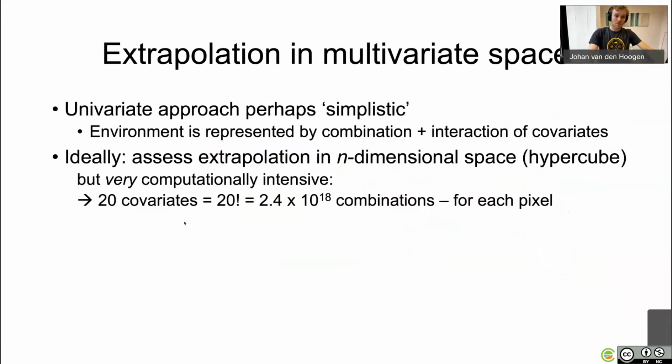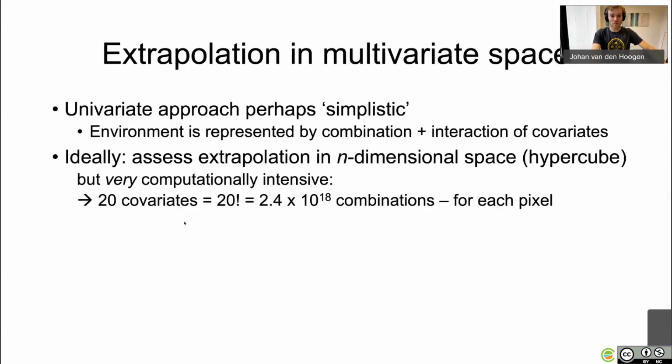But perhaps this approach could be considered a bit simplistic, because it's not necessarily whether a value is within the sampled range, but also a combination of all these interactions of covariates. For example, temperature, moisture and solar radiation have a strong interaction with one another. So ideally, one would assess the extrapolation in an n-dimensional space, or a hypercube, with the number of dimensions equal to the number of covariates.